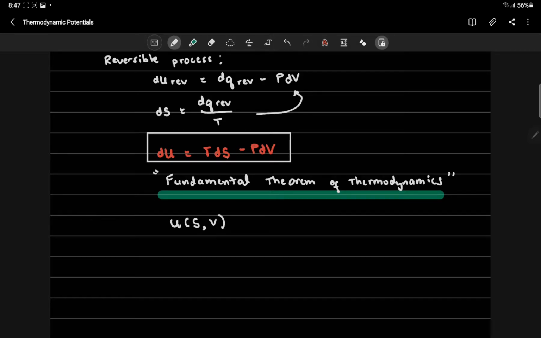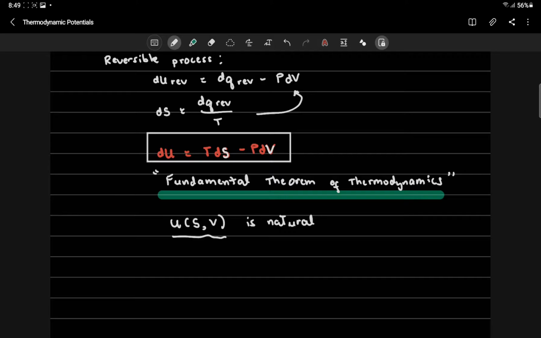Kasi sila yung differential, si S tsaka si V, sila yung variable, sila yung pwede nating ma-vary doon sa equation na yan. So, ang ibig lang sabihin yan, the fundamental theorem of thermodynamics suggests that internal energy is a function of entropy and volume, and this is natural. Okay, natural lang daw na nagva-vary yung internal energy according to changes in entropy and volume.